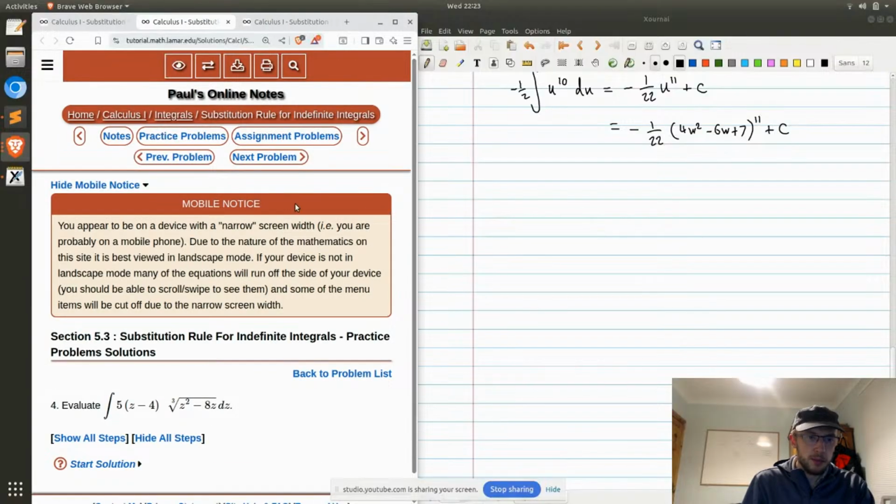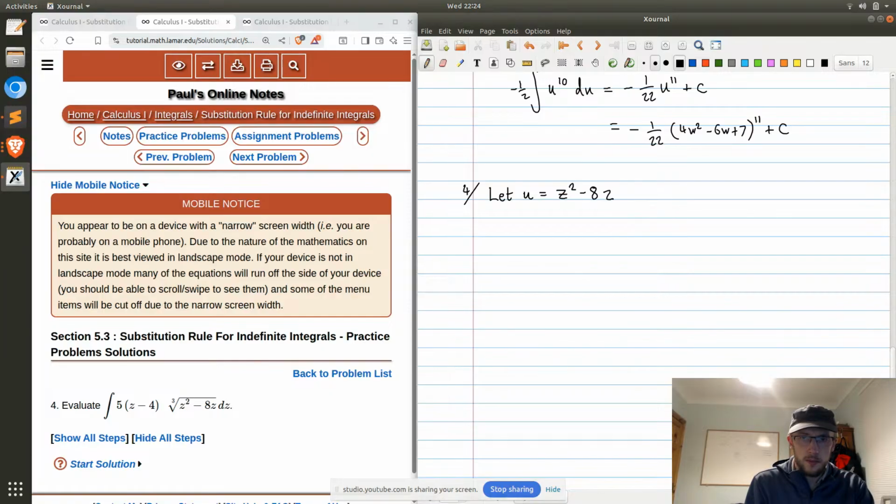Next up, problem 4. We'll let u equal z squared take 8z. Then du equals 2z minus 8.